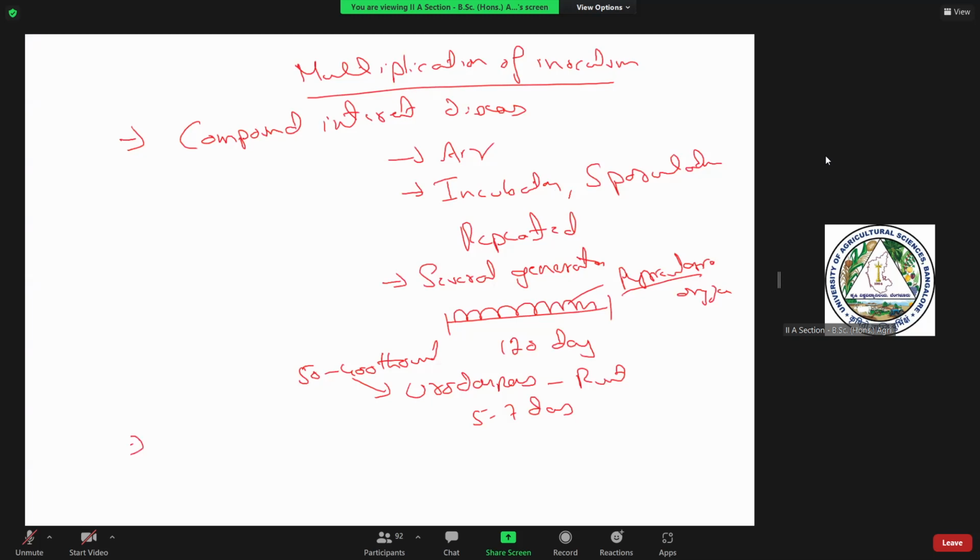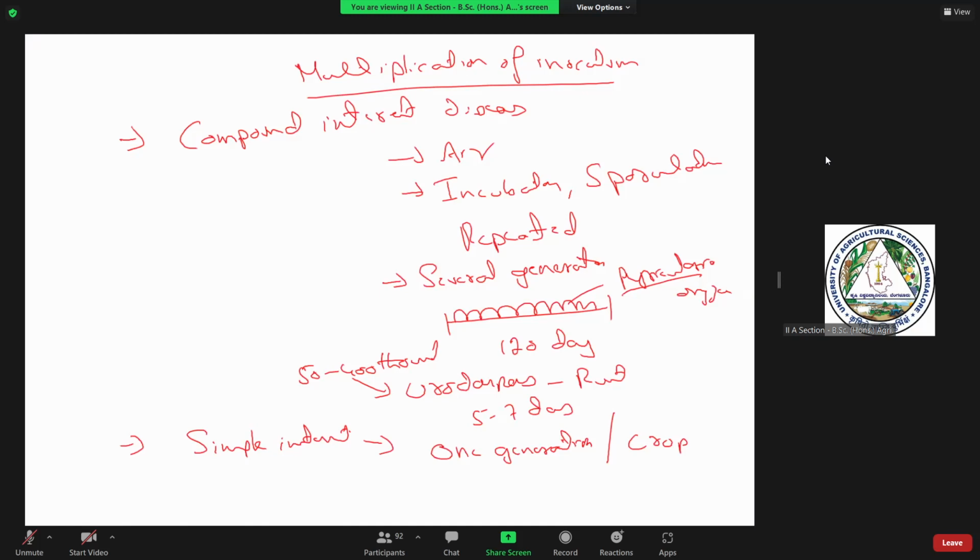And at the last, there is the simple interest disease. The simple interest disease is mathematically analogous to simple interest on money. Here, there is one generation of the pathogen life cycle per life cycle of the crop.